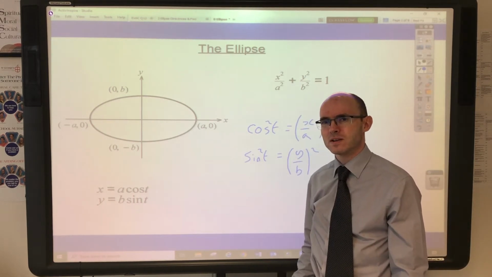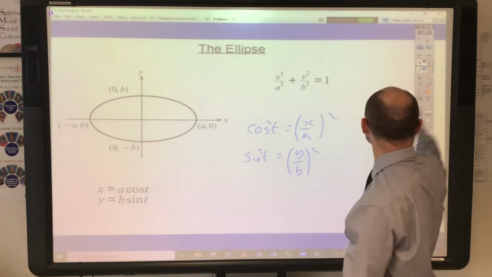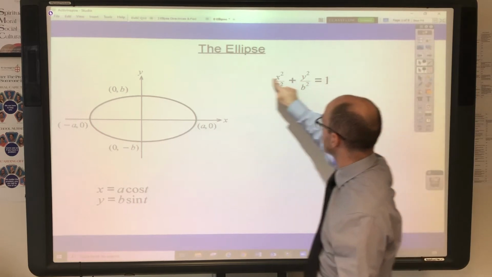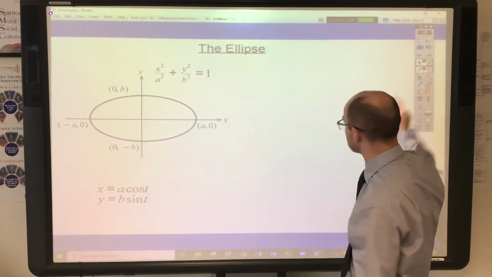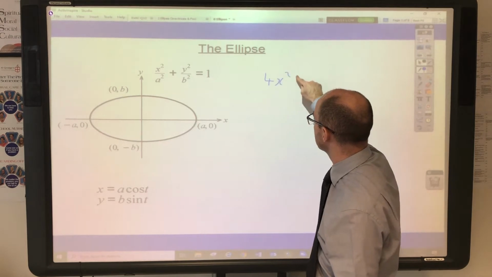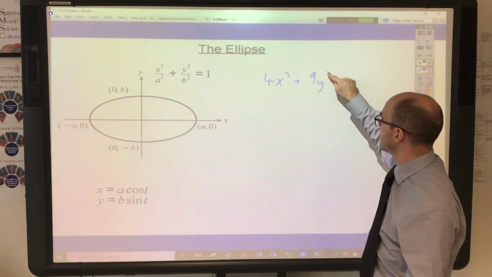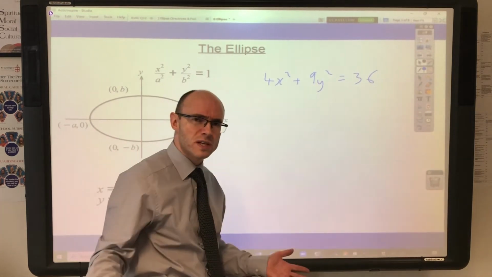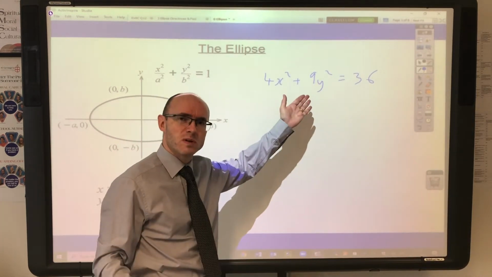Okay? Let's do a couple of examples, simple examples. So let's just clear that, put that over there. So one simple example, I'm going to write down an equation, 4x squared plus 9y squared equals 36. Now, you'll see this is not really in the form that we would like it.